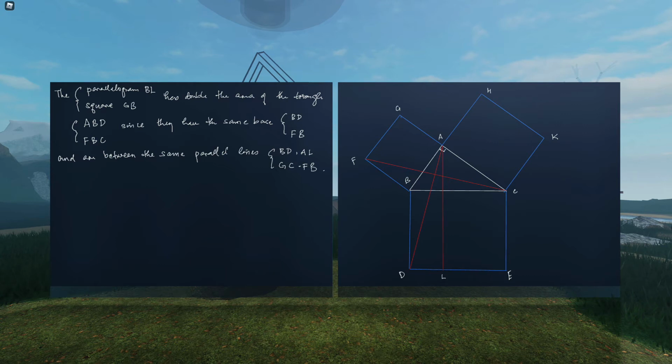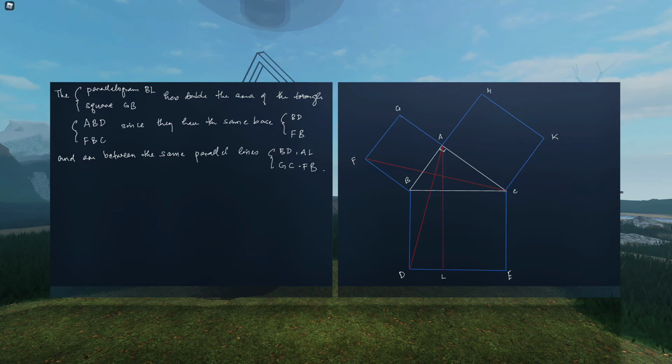So this parallelogram has twice the area of this triangle here, because it's got the same base, right? The base is FD, this one, and they're between parallel lines. The parallel lines are obviously these ones, right? AL and BD. I won't draw them in.